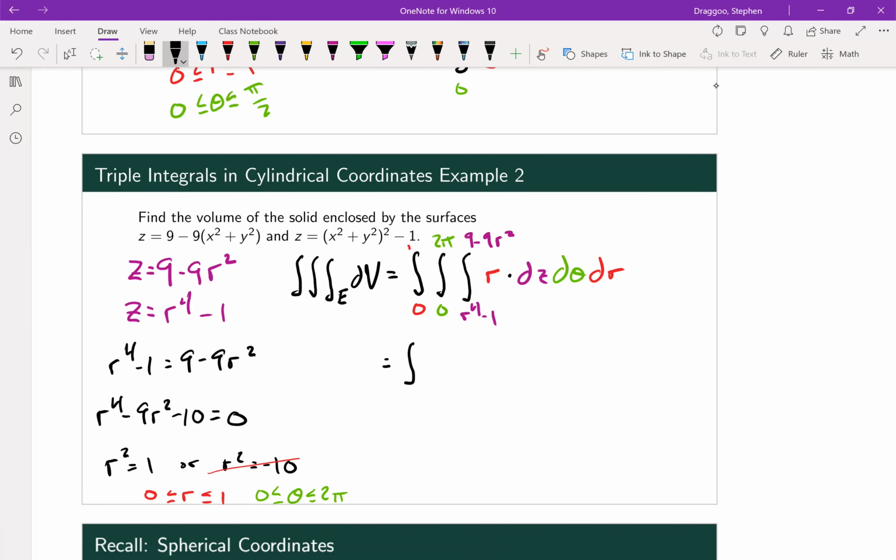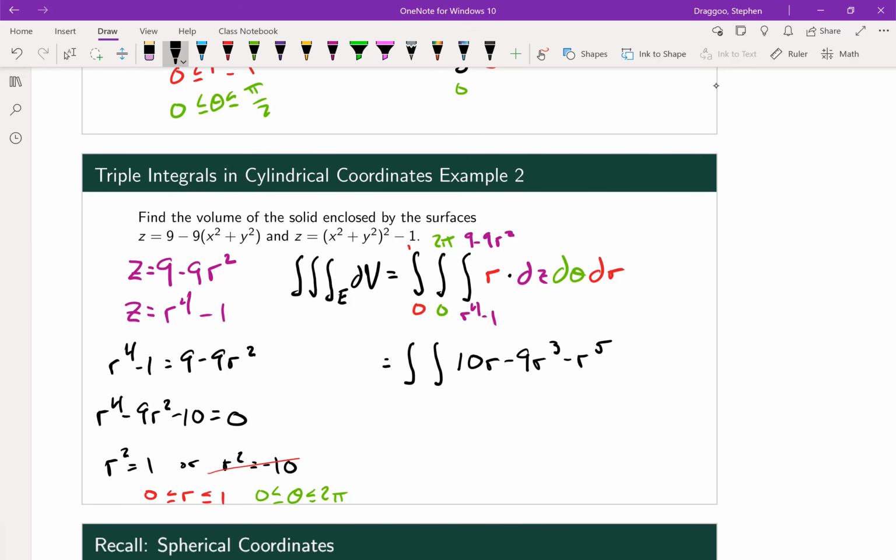It'll just go to r times z, and we'll plug in our two pieces, meaning, there's still two integrals left, so I should put two integral signs. We should have 10r minus 9r squared, multiplied by r though, so it'll be 10r minus 9r cubed, and then minus r to the fourth times r will be r to the fifth.